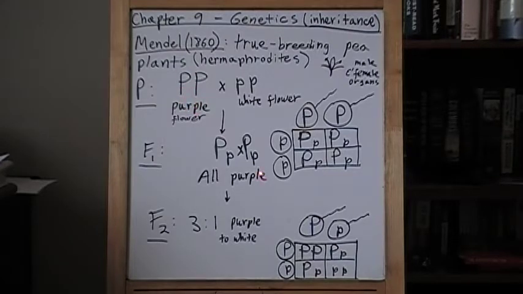So when the sperm and eggs form, there's only going to be one copy of these in each gamete. We have the parent, and when that undergoes meiosis, there's only one copy in each gamete. Then in fertilization of the egg by the sperm, the two are combined again. That's Mendel's first law.